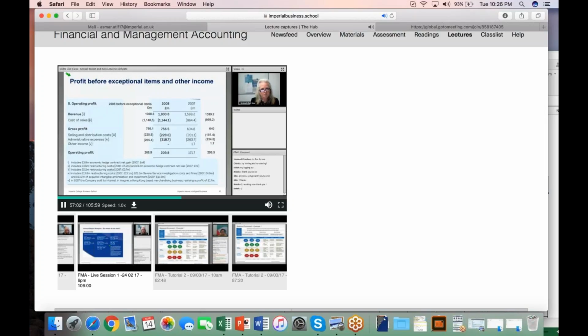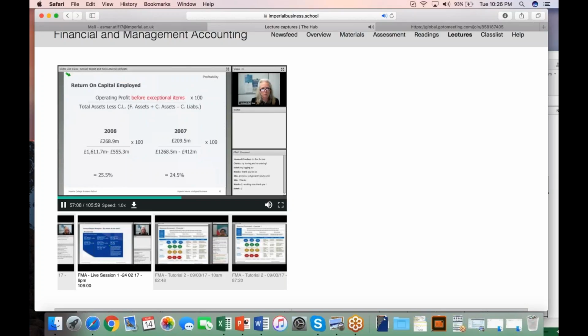So we continue on to then the return on capital employed. And what we use as definition here is operating profit before exceptional items, because we want to see how well the assets are generating a return. And what we see is that we're seeing an increase from 24 and a half. Just to get back, she has corrected those numbers here.